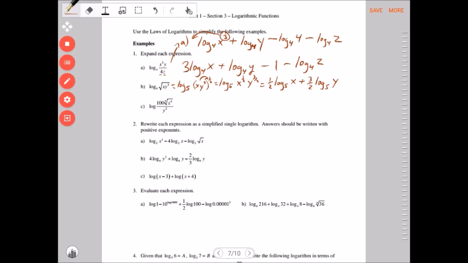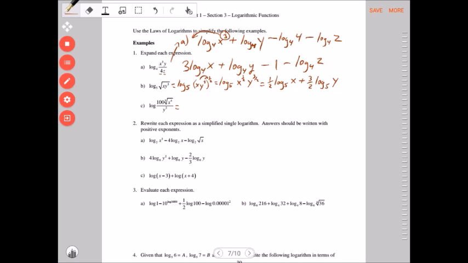Okay, so if you look at this next one, there's no actual base here. If there's no base, we assume that it's log base 10. Okay, so we'll get there in a minute. You'll notice there's a root, but the root just belongs to the x. So remember, the index is 3.